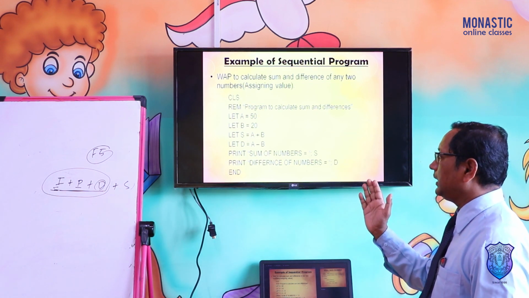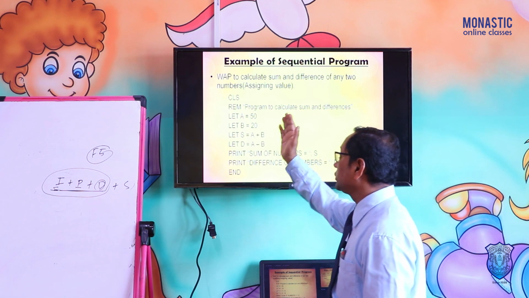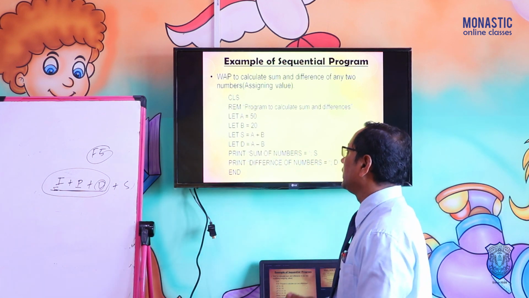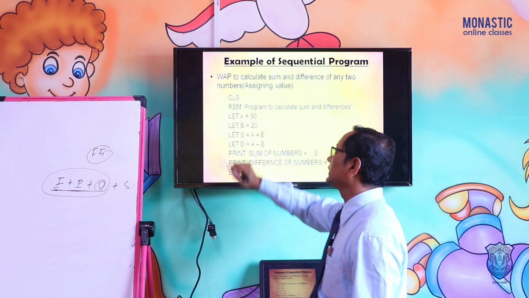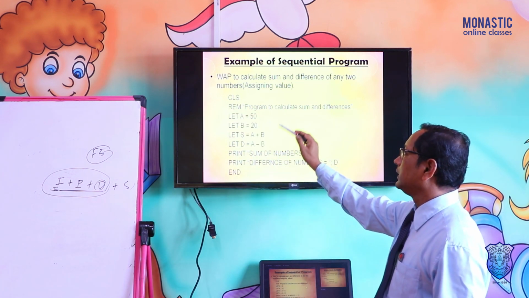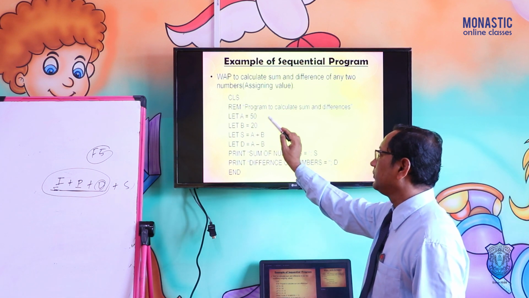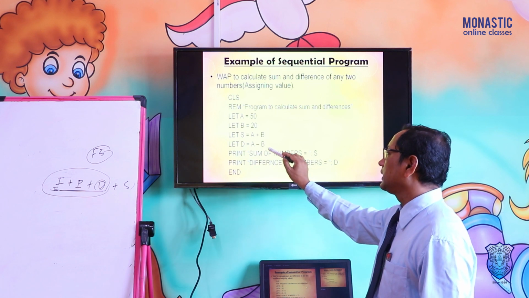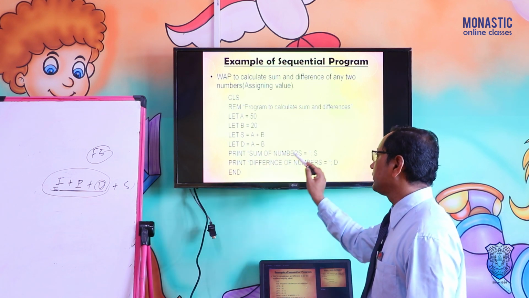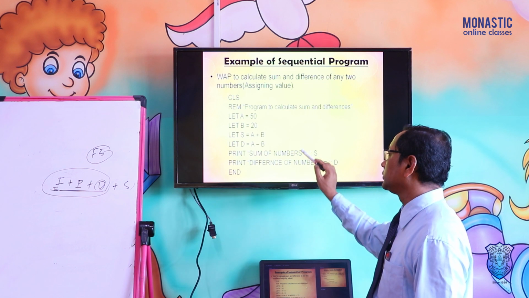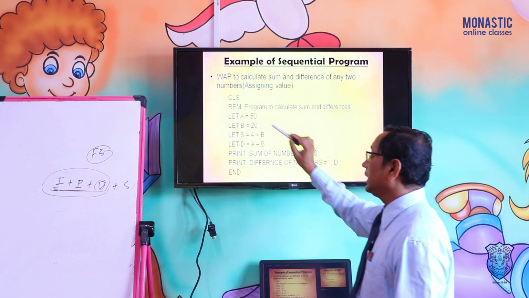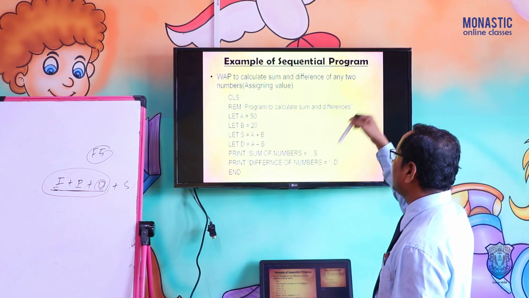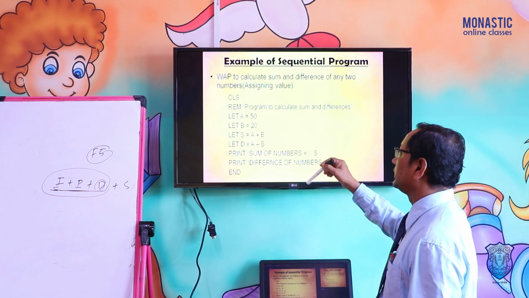While it compiles and executes, each line is read one by one. First it will read CLS, thereafter REM, thereafter LET A = 50, LET B = 20. After that it will calculate the sum, then the difference, and then two separate outputs will display on two lines. Sequential, as I told you in the beginning, means it works in sequential order.